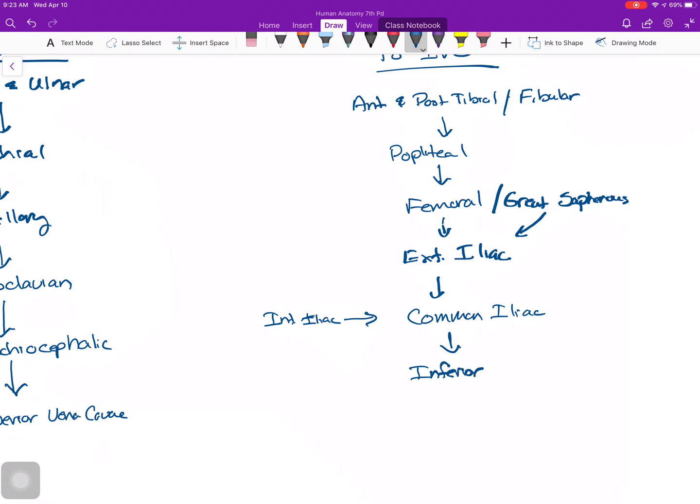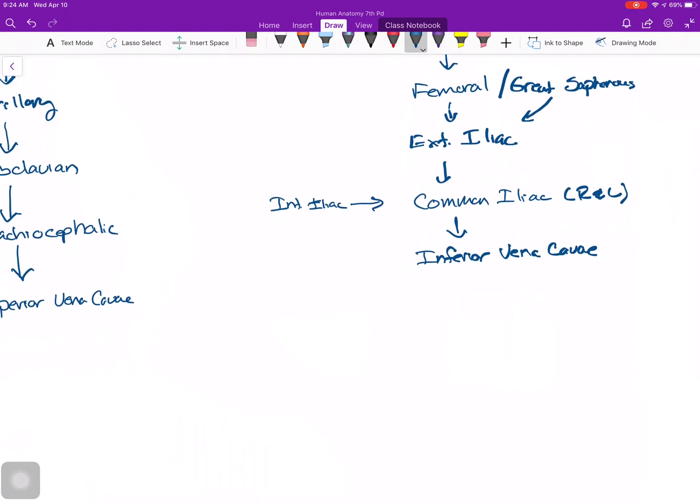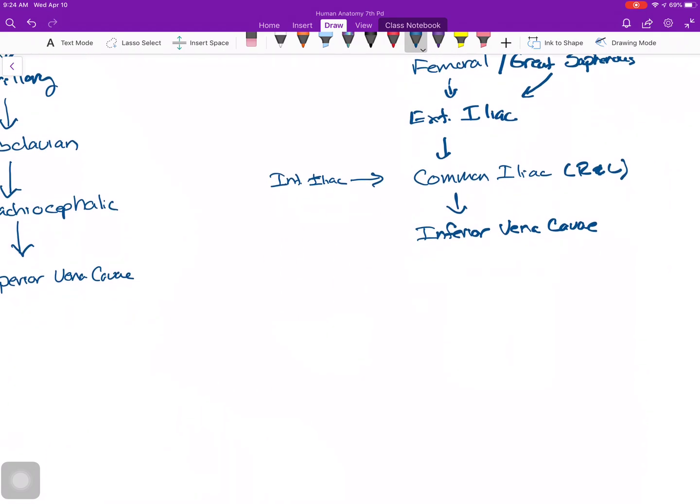So remember we used the analogy of the abdominal artery being like I-40? Well, the inferior vena cava is the same thing going up. Once the common iliacs join together, and that's right and left, to go into the inferior vena cava, then you have a lot of veins that are dumping back into the inferior vena cava. So I'm going to just start this here.